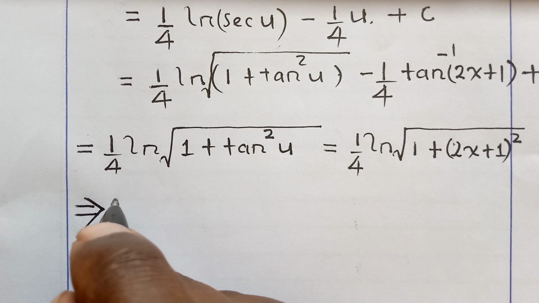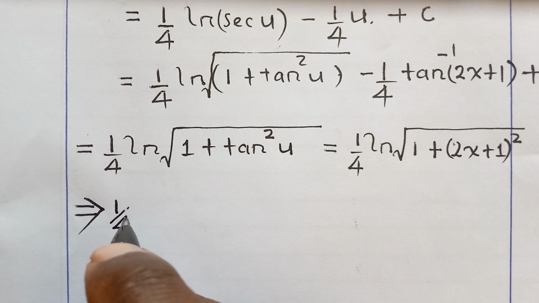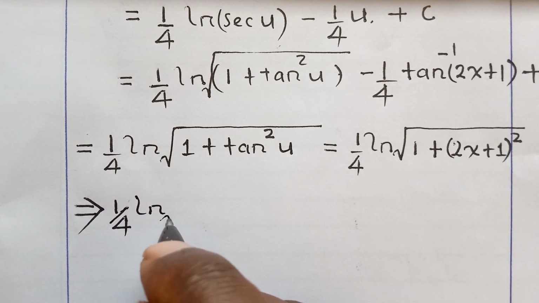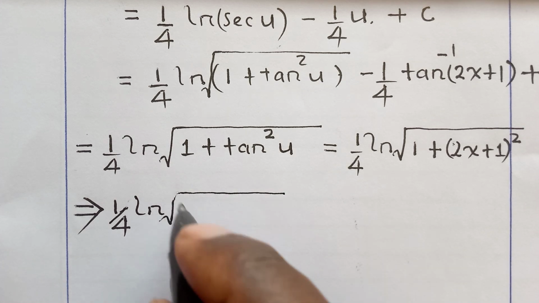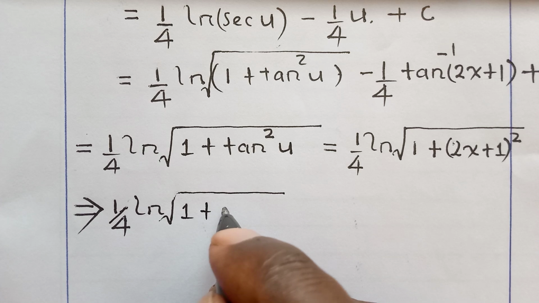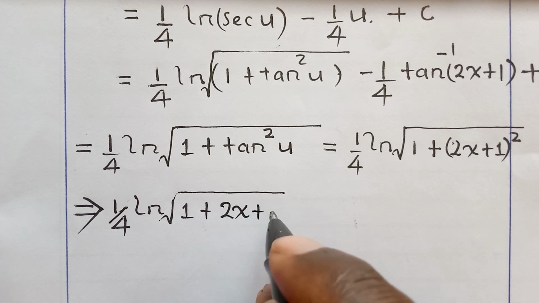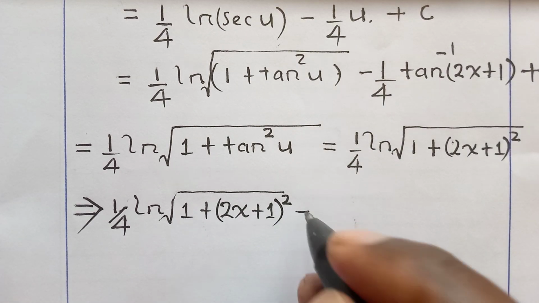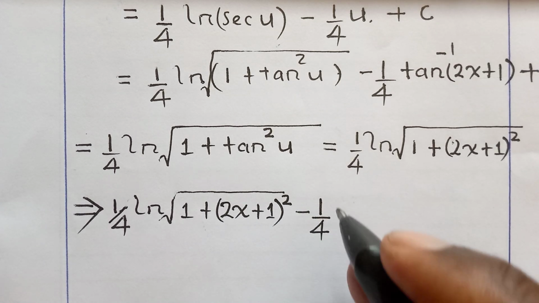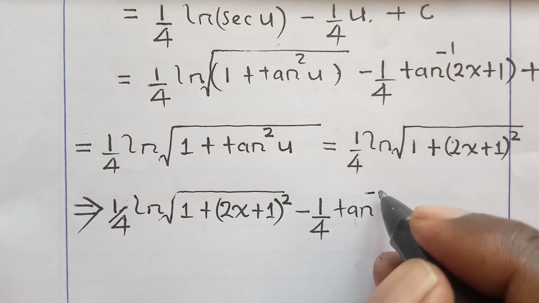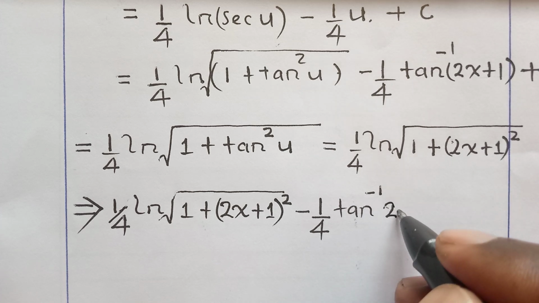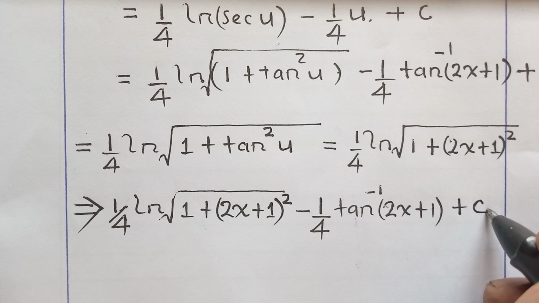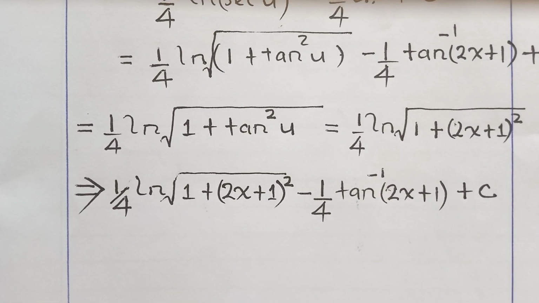I'll write 1 all over 4 ln square root 1 plus 2x plus 1 squared, now minus 1 all over 4 tan inverse 2x plus 1 plus constant. So guys, this is then our solution for that.